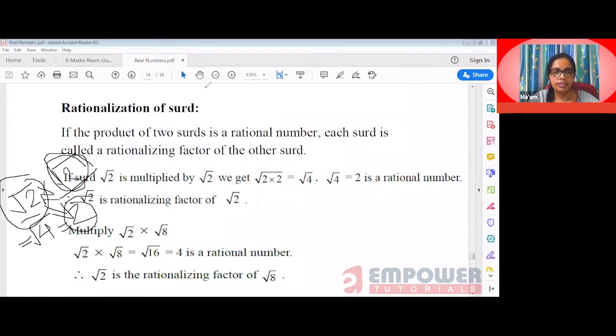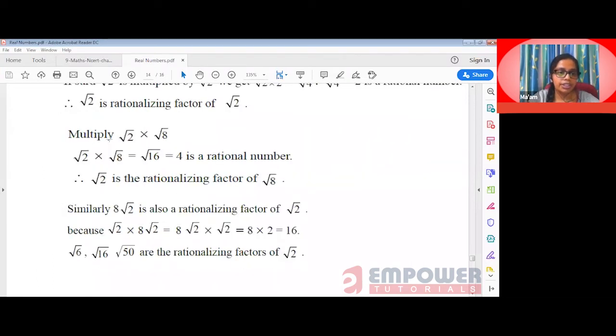But wait. Now here multiply root 2 by root 8. So I am getting root 16. Okay, 16 is a perfect square. Again, root 8 is a rationalizing factor of root 2, because here also I am getting root 16 as my answer, which is a perfect square, so the answer will be 4, right?